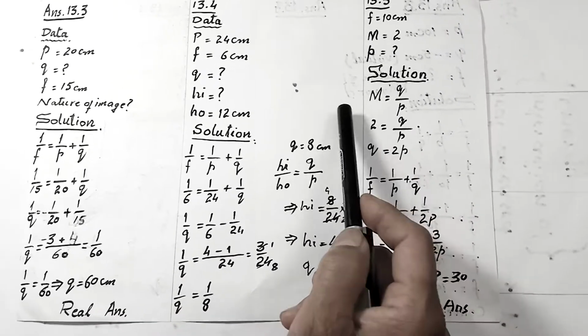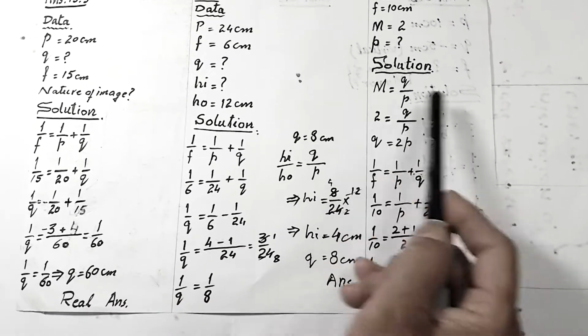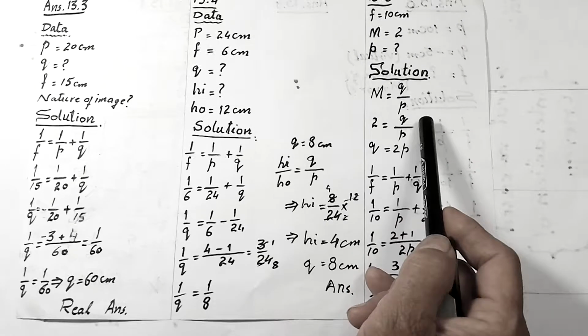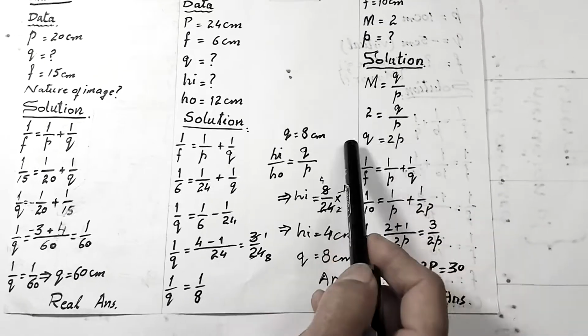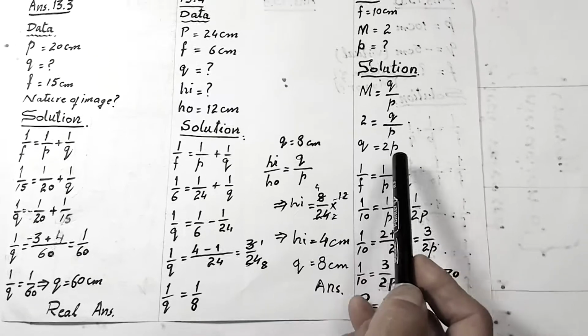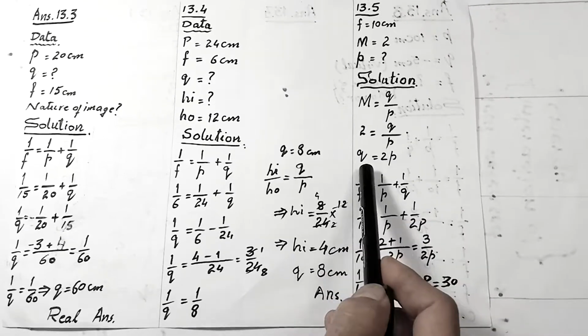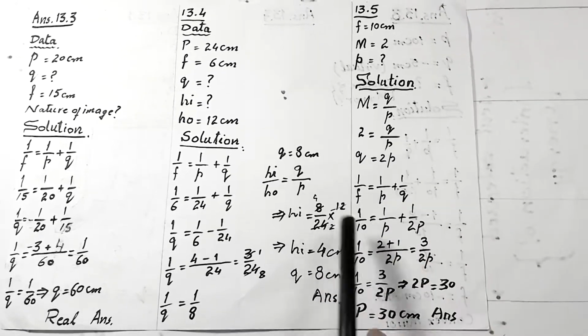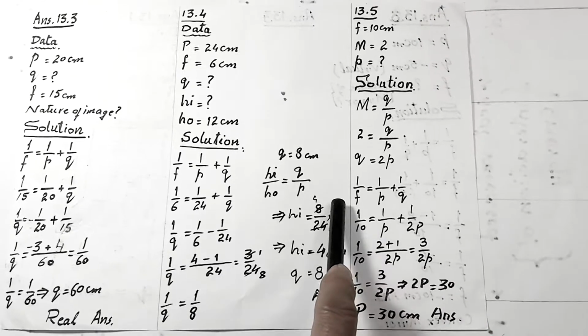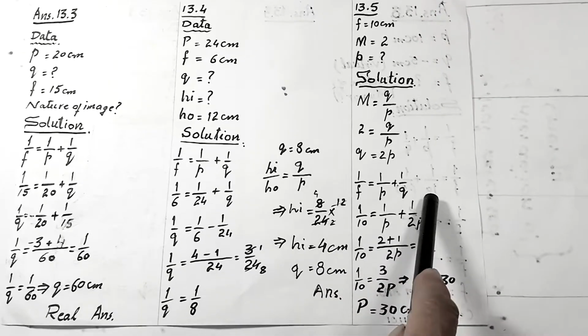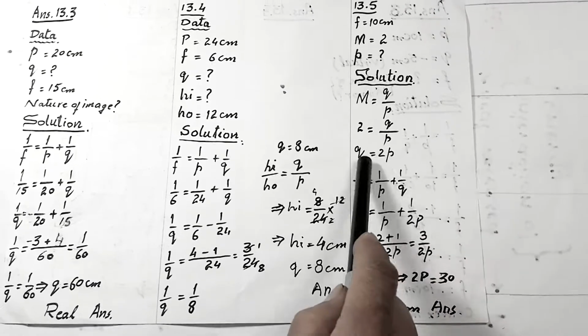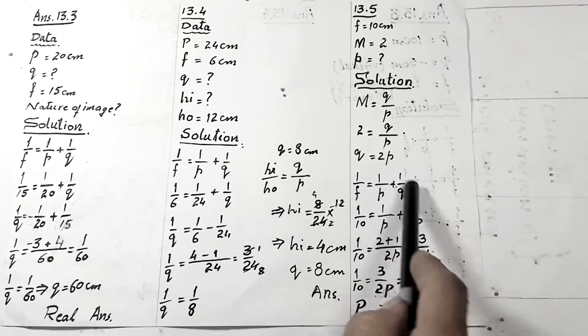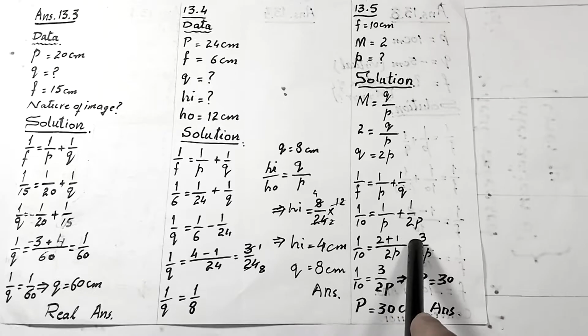Now the formula for magnification is M is equal to Q upon P. Instead of M you will write 2, and now cross multiplication, Q is equal to 2P. Here we will put in the formula 1 upon F is equal to 1 upon P plus 1 upon Q. Value of Q is 2P, so instead of Q we will write 1 upon 2P.